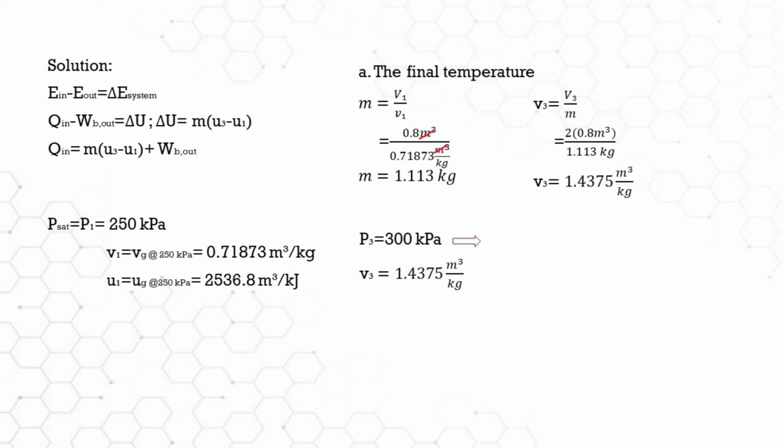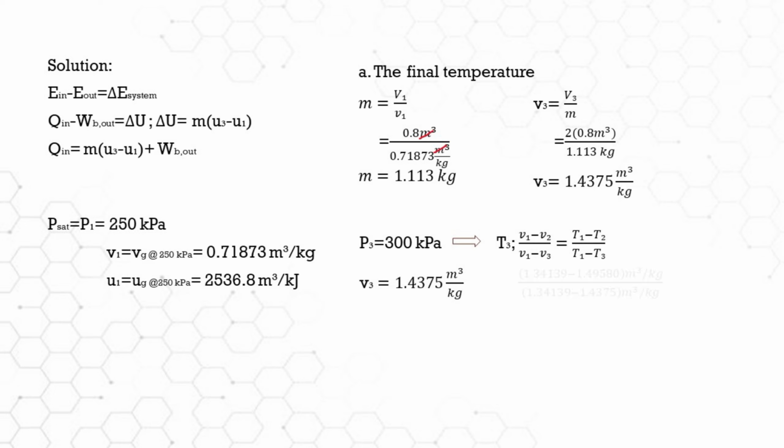For interpolation, we use the formula: specific volume at top minus specific volume at bottom over specific volume at top minus specific volume at mid equals temperature at top minus temperature at bottom over temperature at top minus temperature at mid.